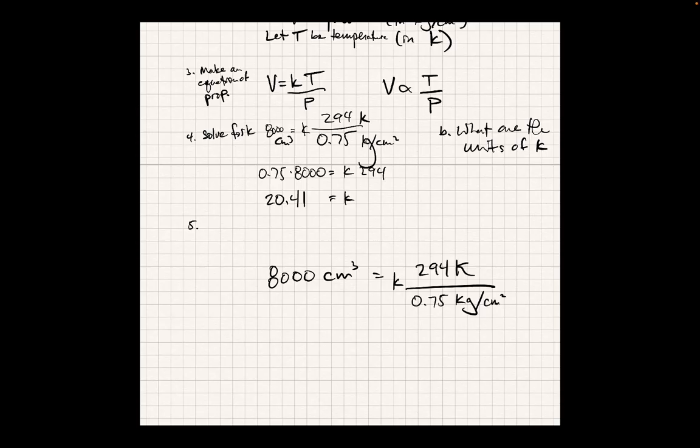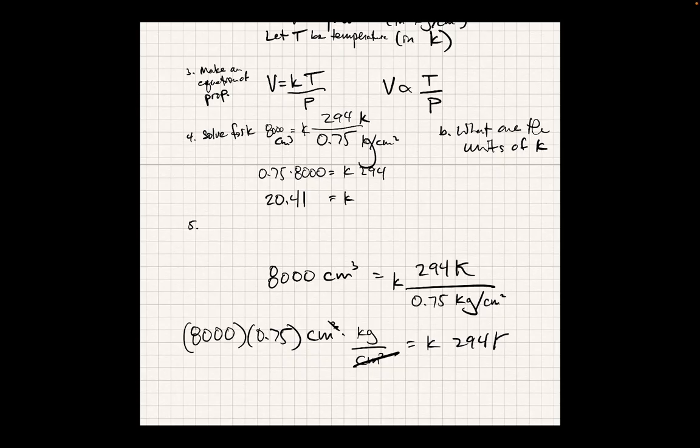So I have Kelvin and I have a constant K. I'm going to try to make this obviously a capital K and this obviously a lowercase k. If I multiply both sides by 0.75, I've got 8,000 times 0.75, and this is for units, cubic centimeters times kilograms per centimeters squared. So the centimeters cancel, so you just get centimeter kilograms equals K times 294 Kelvin.